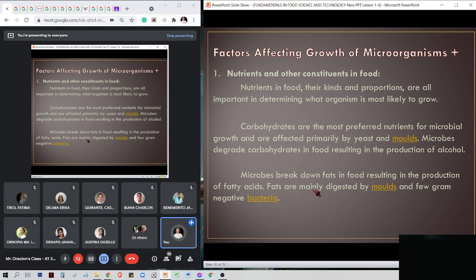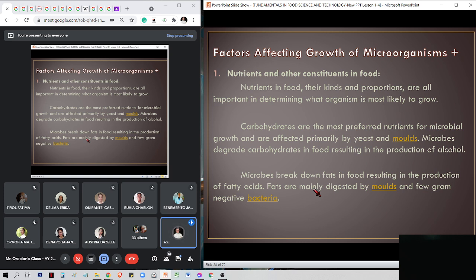Microbes degrade carbohydrates in food, resulting in the production of alcohol. Microbes break down fats in food, resulting in the production of fatty acids. Fats are mainly digested by molds and a few gram-negative bacteria.